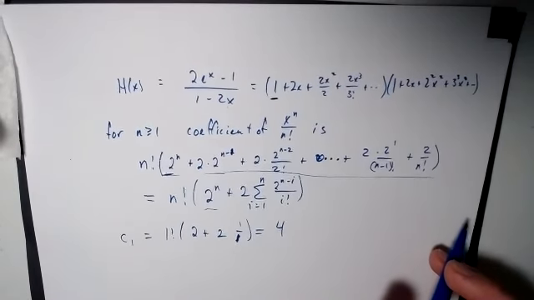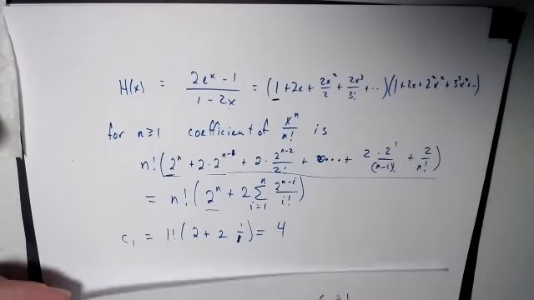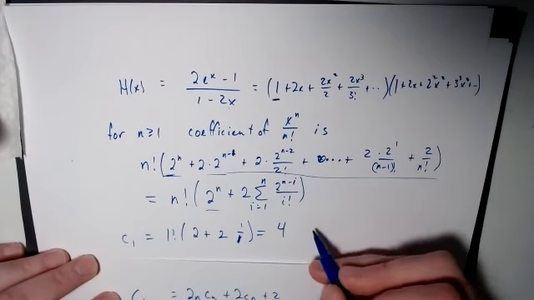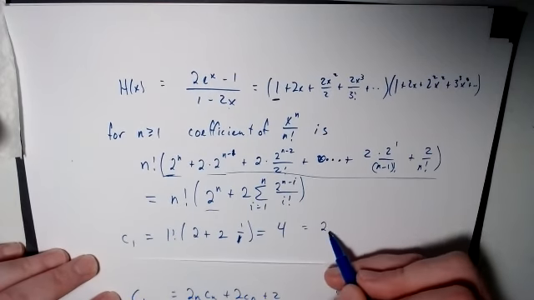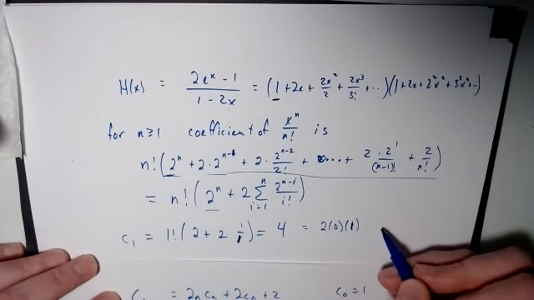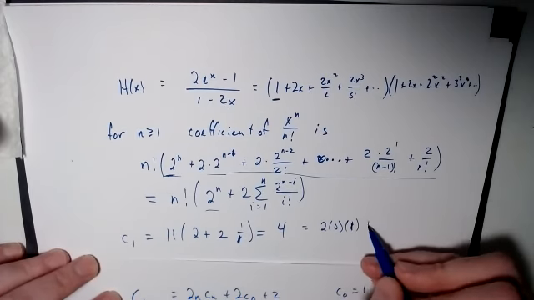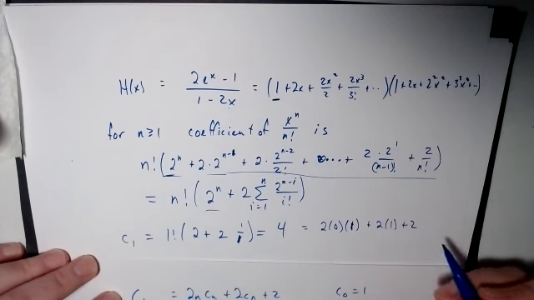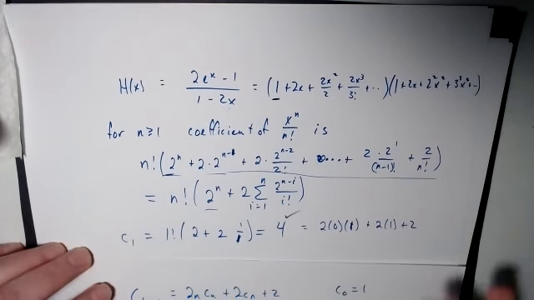And if I use the original equation, then C1 equals 2 times 0 times C0, which was 1, plus 2 times C0, which was 1, plus 2, and that checks.